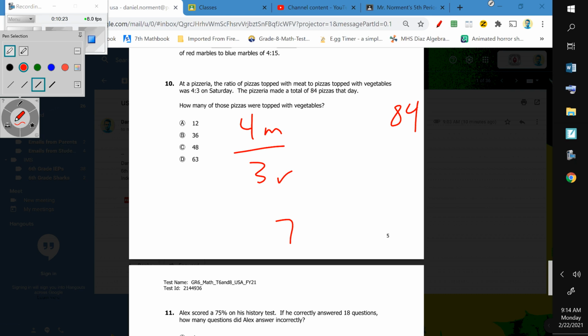Let me see if I can do 84 divided by 7. Yeah, that actually works. So it's times 12. Honestly, you just multiply both numbers times 12, and that should answer the question. You're welcome. I give you way too much help on that.